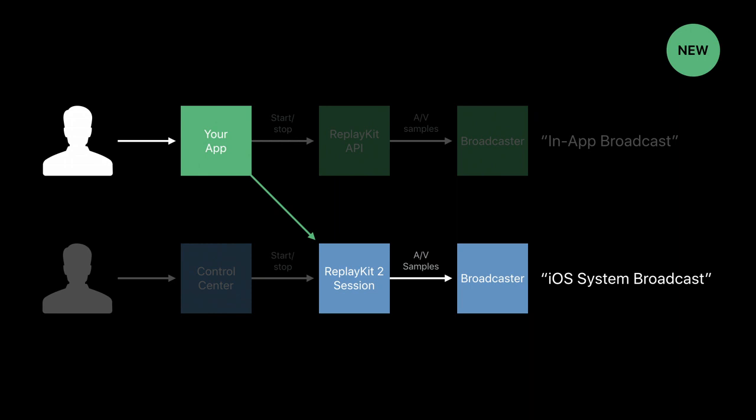Start the broadcast, and then allow it to continue as you move from one app to another, and then move to the home screen, and so on. So as the user starts the broadcast from your application, he can later go to the Control Center and stop it from there, or vice versa. He could start from the Control Center and then go to your app and tap that button that stops.